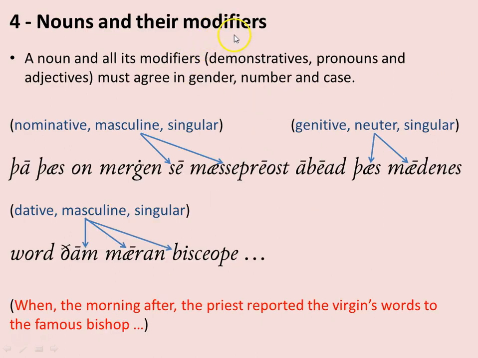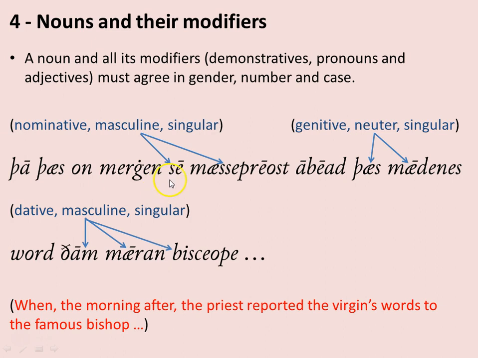Alright, nouns and their modifiers. A noun and all its modifiers, that's demonstratives, pronouns and adjectives, must agree in gender, number and case. "Þa þæs on merigen se mæssepreost abead þæs mædenes word þæm mæran bisceope." Now, when the morning after, the priest reported the virgin's words to the famous bishop.